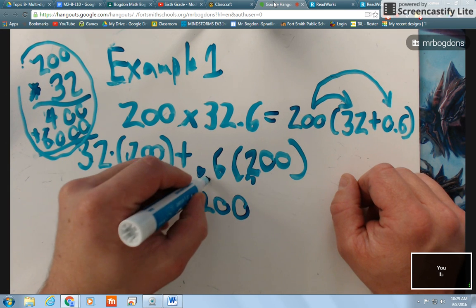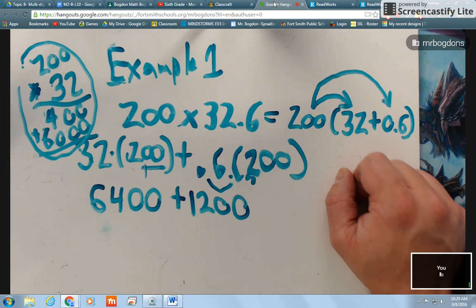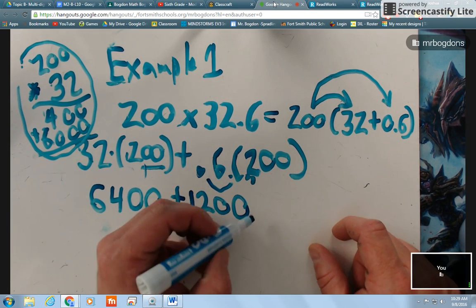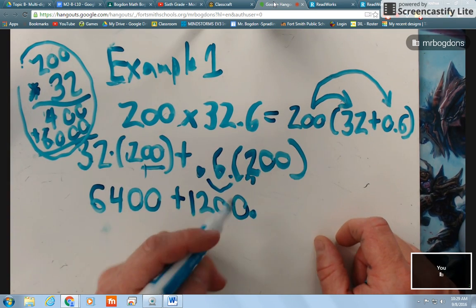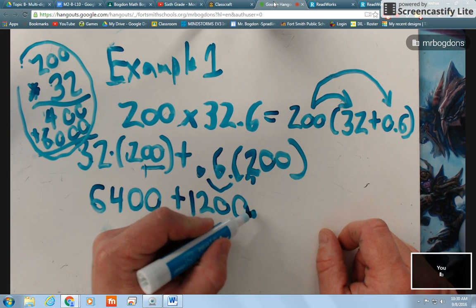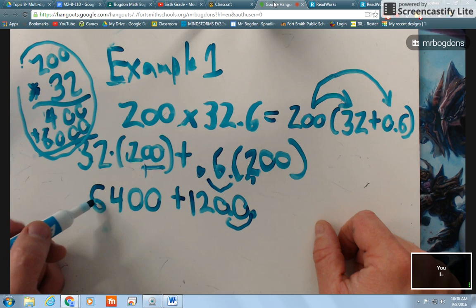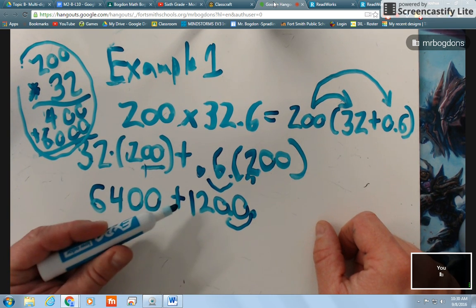I have to bounce them out. So in my mind, I'm bouncing it out how many times? 1. So when I'm done, I have to bounce it back in. There's my decimal. How many times am I bouncing it back in? 1. So now I have a partial product of 6,400 plus 120.